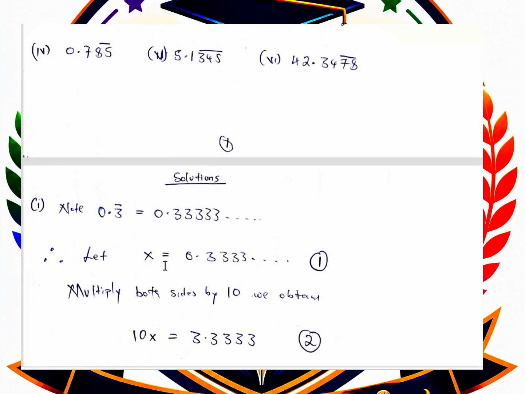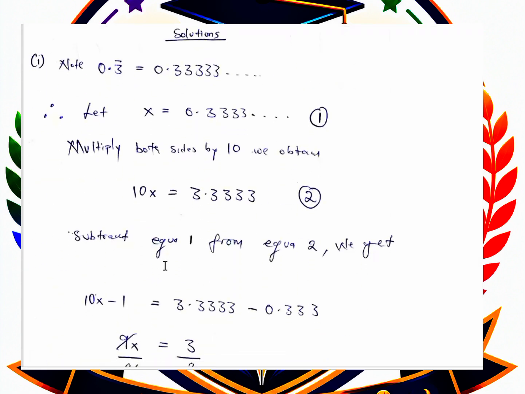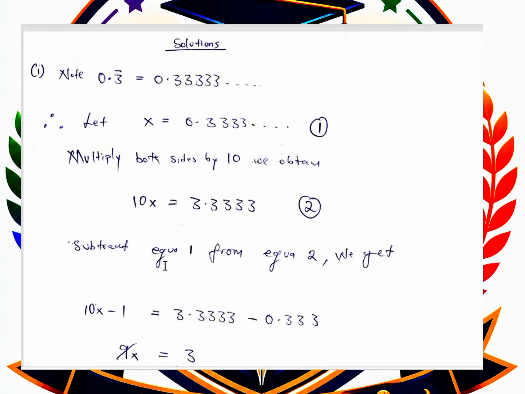Let's solve. Take note that 0.3 with a bar on top can be written as 0.33333 up to infinity, because this is a repeating decimal, so this 3 keeps on repeating itself. Since 0.3 with a bar is equal to 0.333, we'll let x be equal to 0.3333 and mark this as our equation 1.